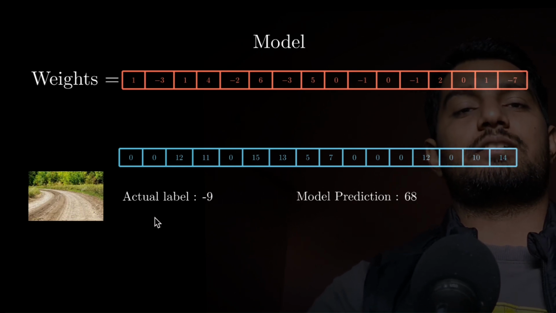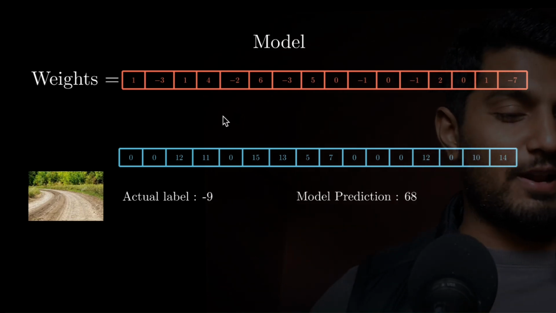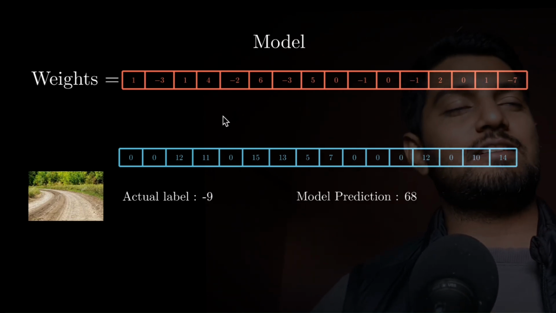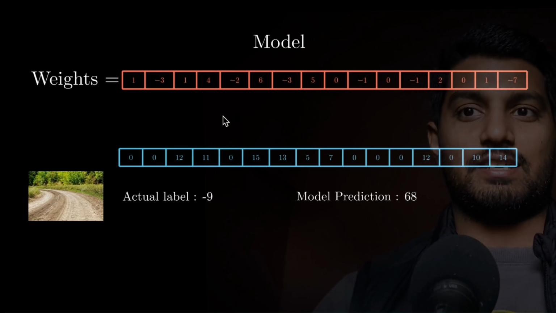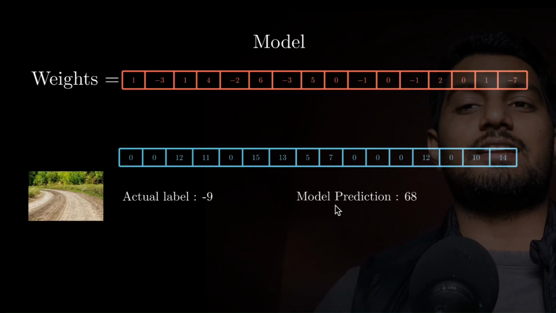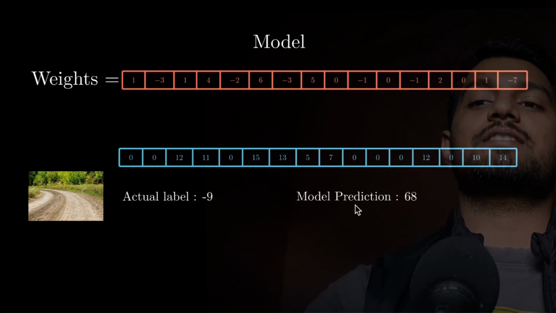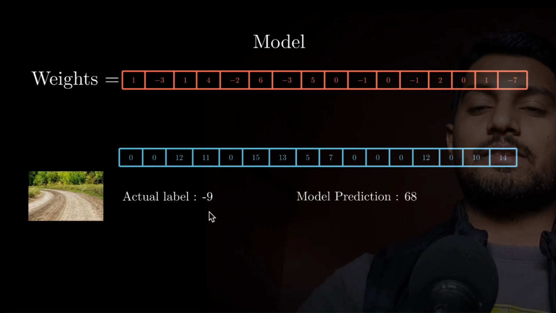And the actual label, the turning which we required, was minus 9. As you know, this model is not trained, it is empty, it has just been born, it has not seen any data. So on the random weights, the model has predicted very badly. Its prediction 68 is way far away from the actual label minus 9, right?